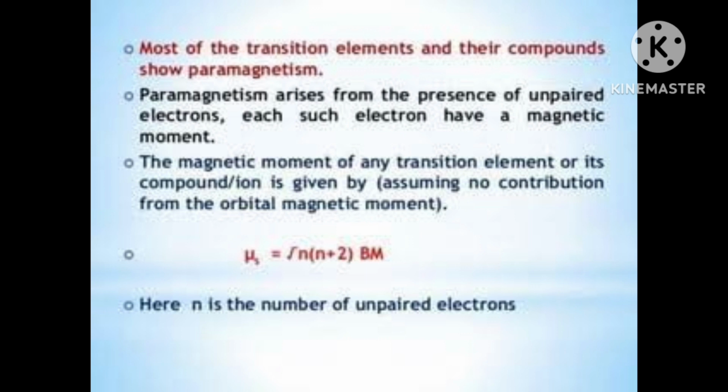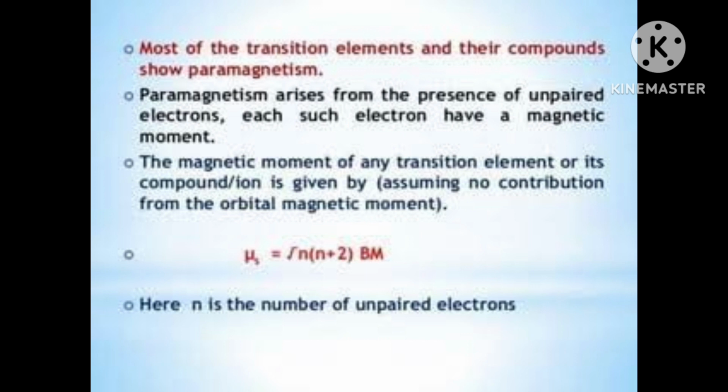A single unpaired electron has a magnetic moment of 1.73 Bohr magnetons, BM. When n is 1, you put 1 in place of n: under the square root, n is 1, and inside the bracket, 1 plus 2 is 3. So the square root of 3 is 1.73.